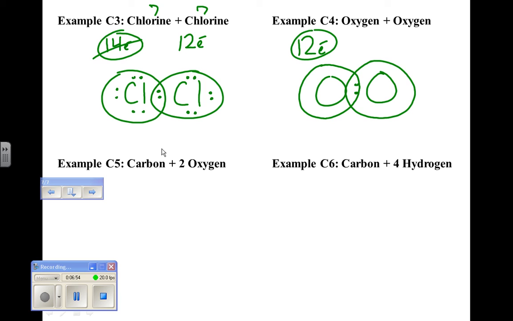Right away, I always hear 5 and 5. But would 5 and 5 make them both have 8? No. So we have a problem. What could we do that has to do with sharing, since this is covalent, where we have 10 more electrons left, but we could make them both have 8?